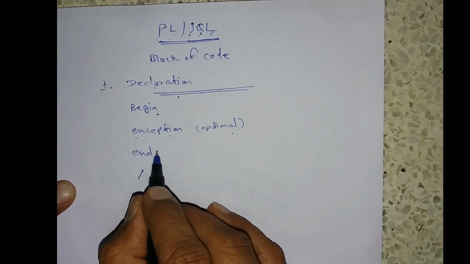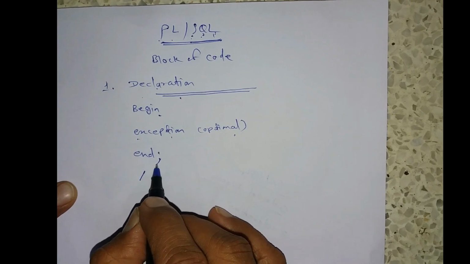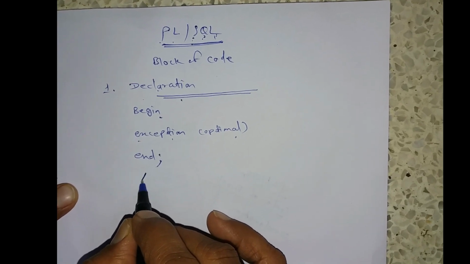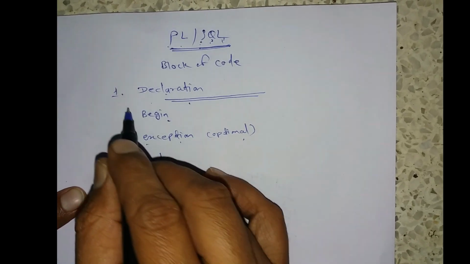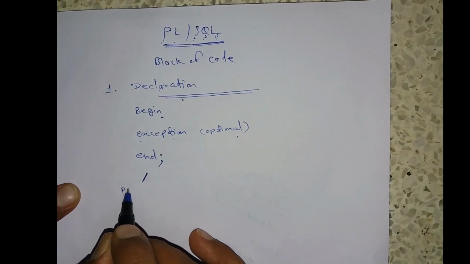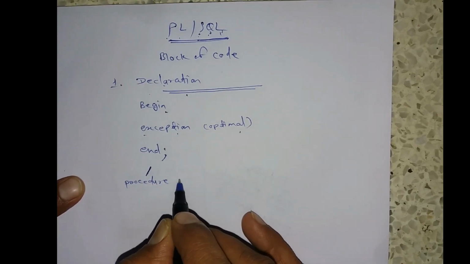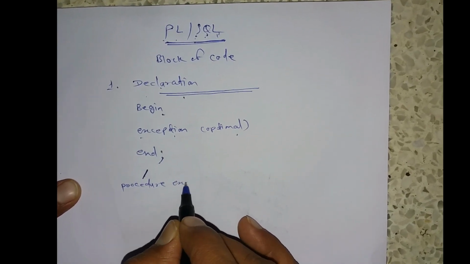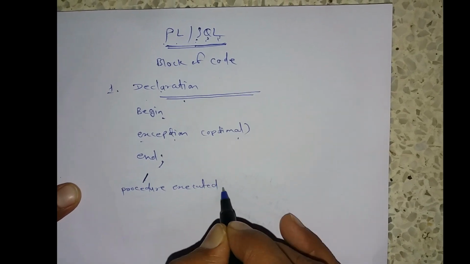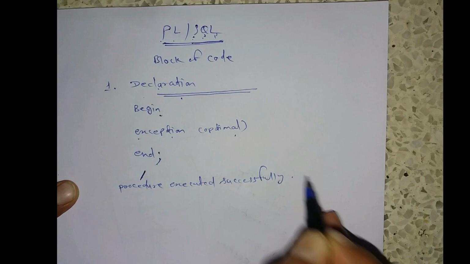The end section tells the system that the program has now ended, and the front slash will execute that code, and you will have the output like procedure executed successfully.